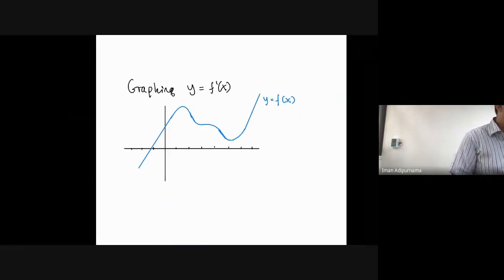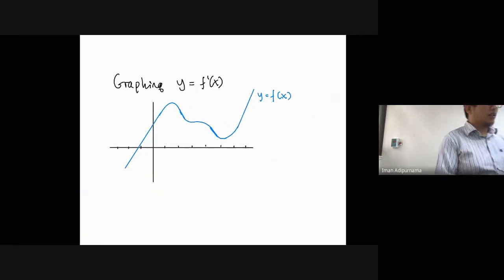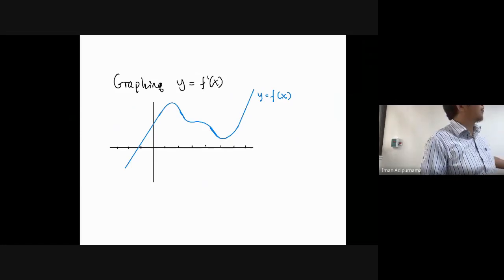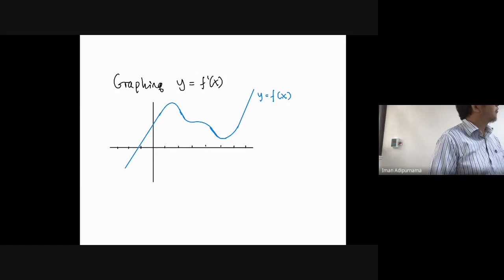Let's try graphing these functions. So try to graph f prime. You can draw on your paper, just roughly, not really to scale or with number points. Just think, if you have this as your function, what is your f prime?